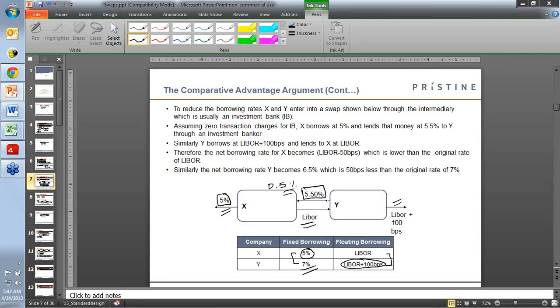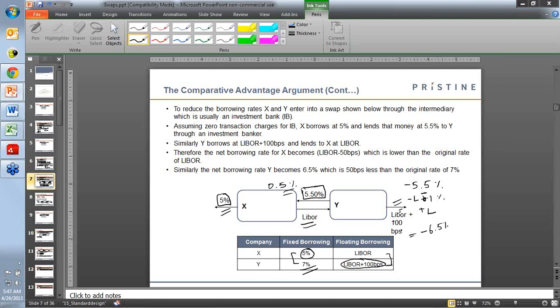The payment that Y is making is minus 5.5%. Another payment is for the original loan, that will be LIBOR, say L, plus 1%, so this becomes minus. It will also be gaining money at LIBOR, that is plus L. So overall the cost for Y would be minus 6.5%.